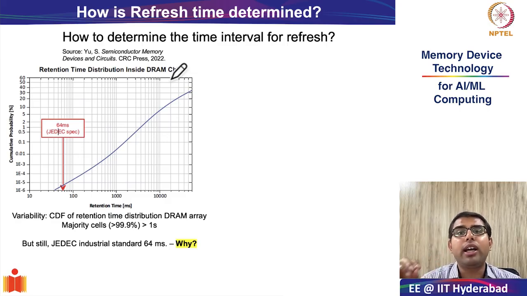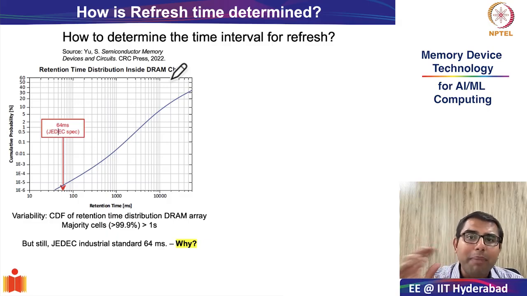You write a particular value into the storage node of the DRAM cell, and you keep periodically checking whether your external peripheral circuitry is able to faithfully read out that value or not. For example, at time t equal to 0, you write 1 or VDD in your storage node, and you keep sampling at different time intervals whether your storage node value can still be faithfully read out by the external readout circuitry or not.